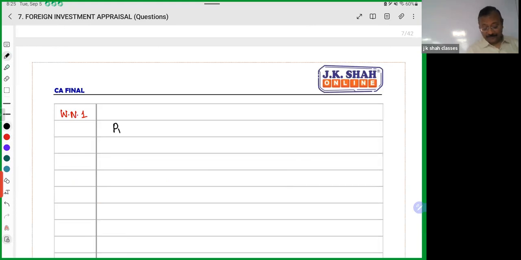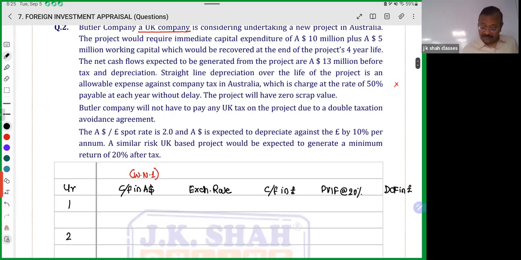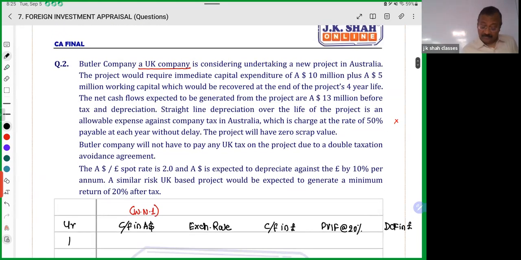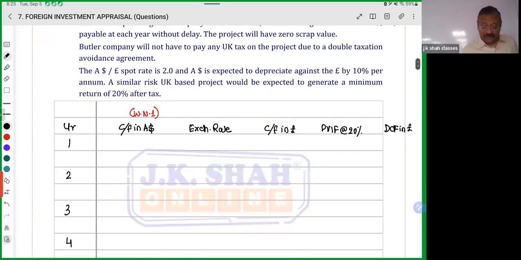See, profit before depreciation and tax: 13 million Australian dollars. These figures are in million Australian dollars. 13 million less depreciation. What is the capital cost? 10 million. 4-year life.